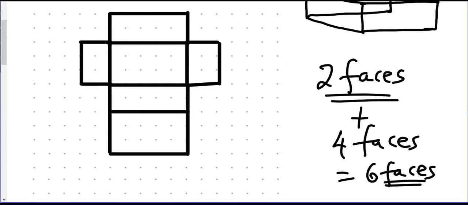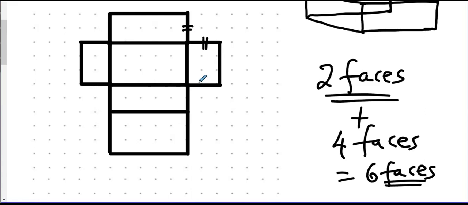Now, the idea is that when you're drawing a net, you should make sure that this side here, if it is counting 2, 1, 2, even this side here, if it is counting 2, also this one should be counting 2, 1, 2 boxes.